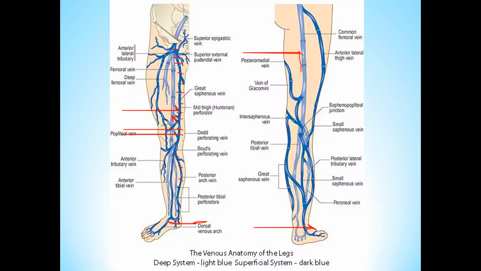But in cases of thrombus in the deep venous system, for example, if the posterior tibial vein is thrombosed, what will happen? The blood distal to the thrombus will move from the deep to the superficial venous system at these perforators.